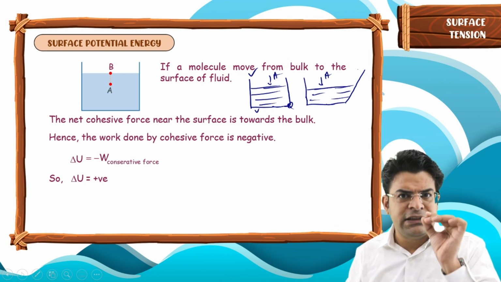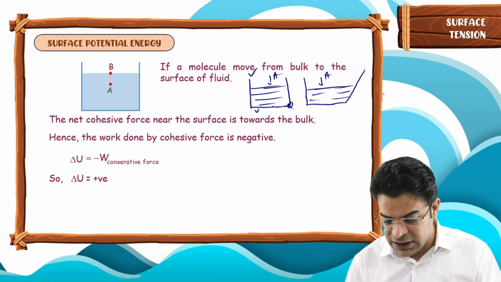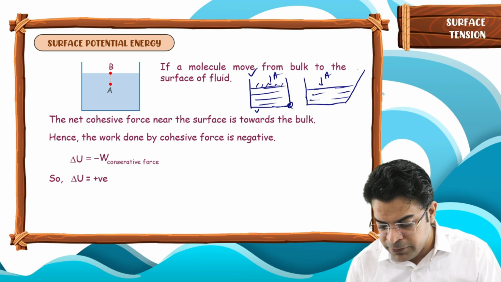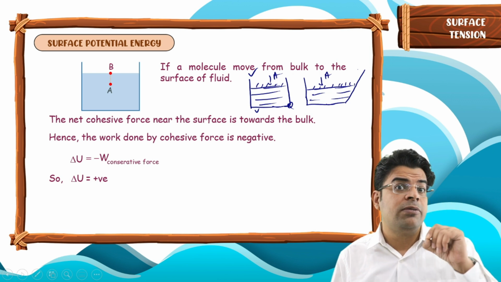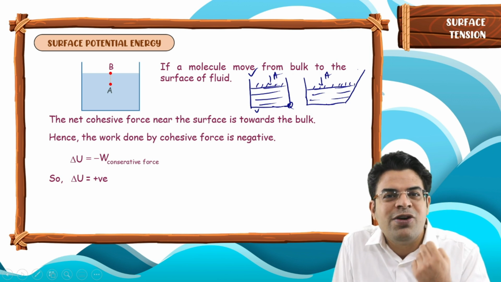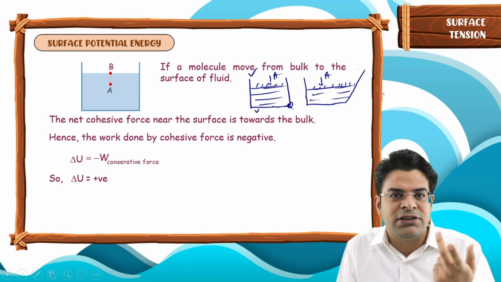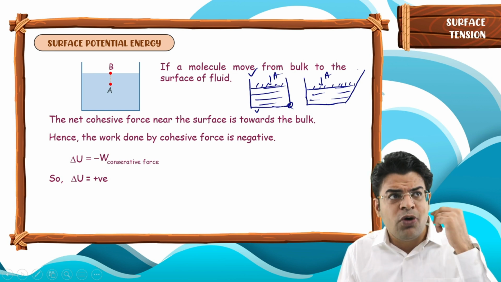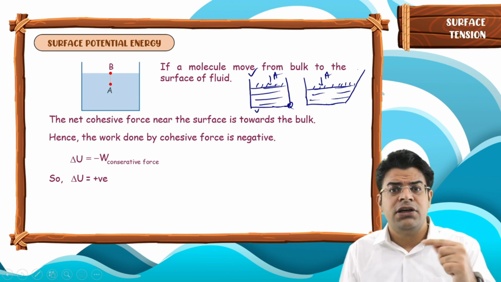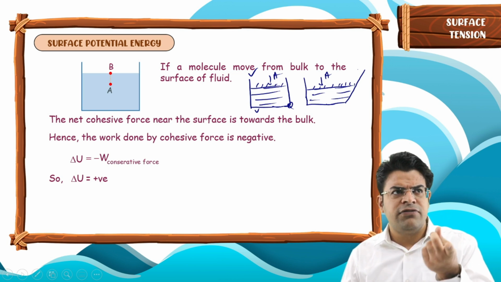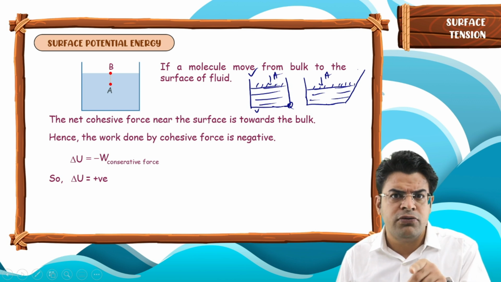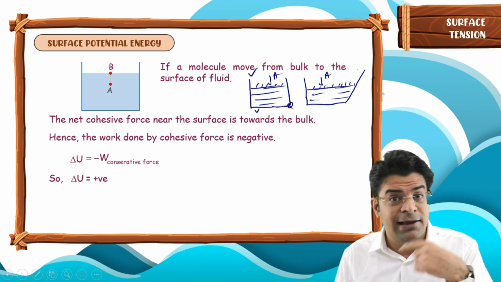If the surface area has increased, it means that now more molecules will be present on the surface. It means that more molecules have moved from bulk to the surface. As the molecules move from bulk to the surface, the work done by conservative force will be negative, so the change in surface potential energy will be positive, and the surface potential energy will increase.